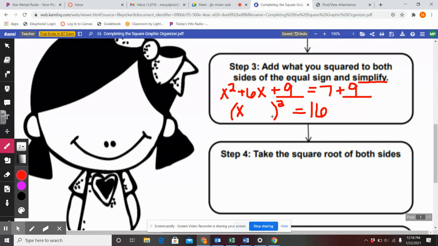The only thing you have to do to figure out what goes in that parenthesis is divide b by 2. So what's 6 divided by 2? Perfect. Because if you think about it, 3 times 3 gives you 9, while 3 plus 3 gives you 6. So it's like the perfect quadratic.